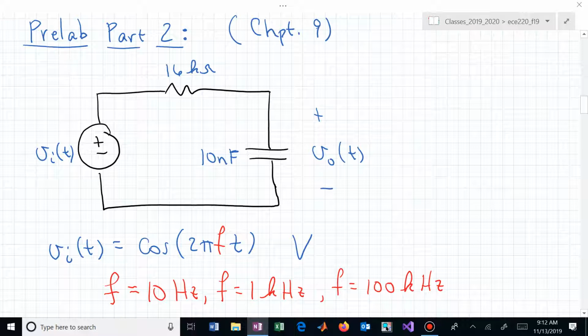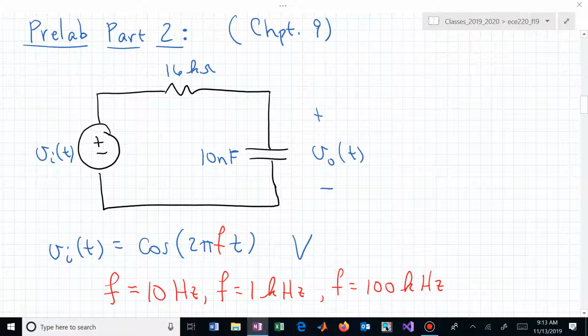You would expect that at 10 hertz, maybe V sub O might look very much like V sub I. At 1,000 hertz, well, then maybe that has something to do with the bandwidth of the low-pass filter. Maybe you're at about the half power frequency, which we haven't talked about.